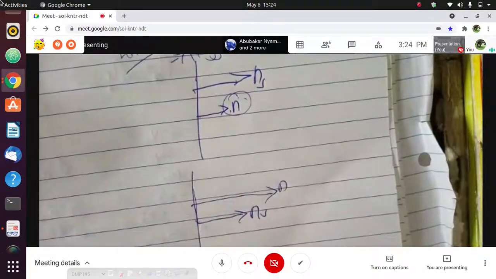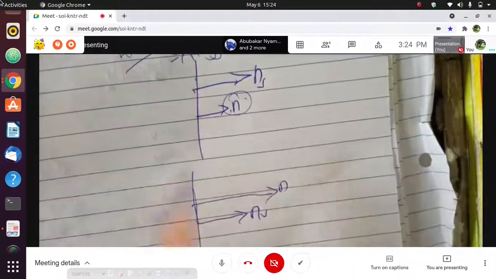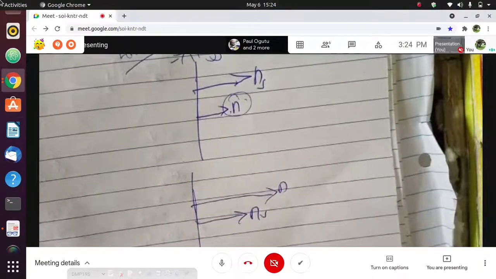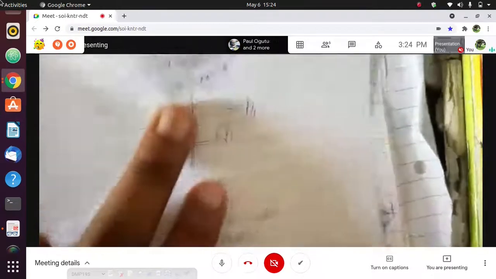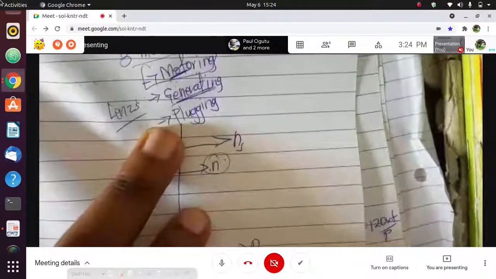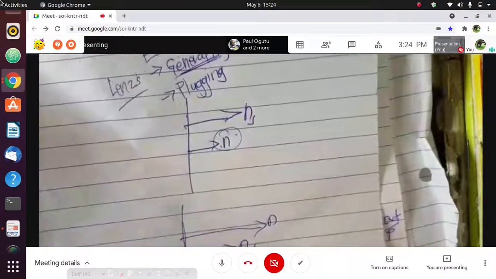This induction motor will produce a generating torque, meaning that the torque will act in the opposite direction to the rotation of the rotor. So this torque opposes the motion of the rotor. We utilize this generating mode of operation when we want to provide regenerative braking.